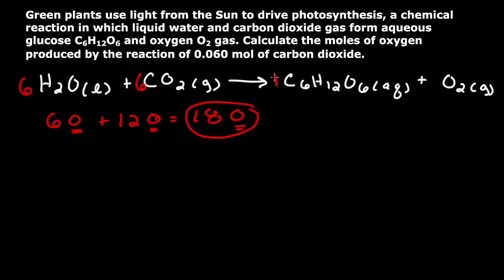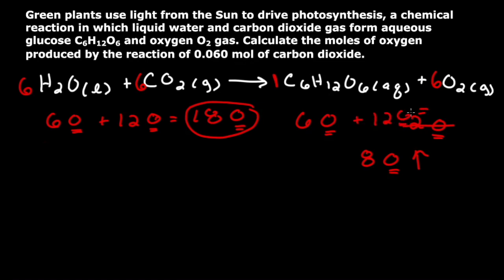I have 1 molecule of glucose, so 1 times 6, so 6 oxygens in there, and then I have 1 times 2, so 2 oxygens. So I have 6, 7, 8, so 8 oxygens on this side, and I've got to get more oxygens on this side. I can put down a 6 here, so I won't have 2 anymore, I'll have 12. So 6 plus 12 oxygens is 18 oxygens on this side, 18 on this side. So now the oxygens are balanced.